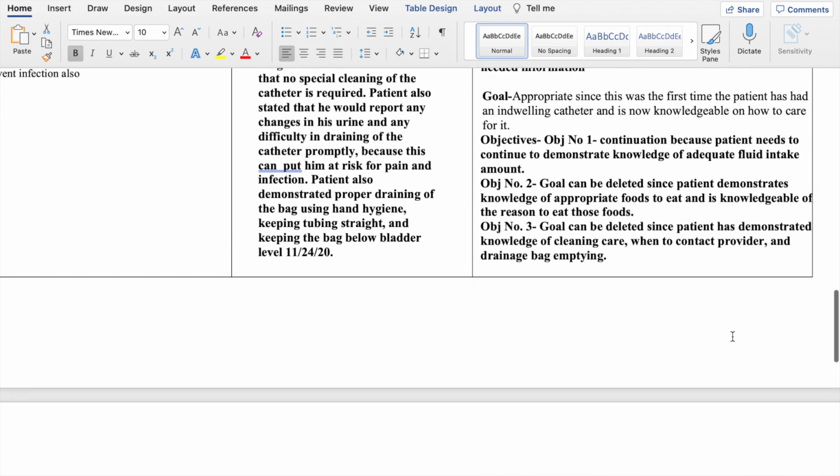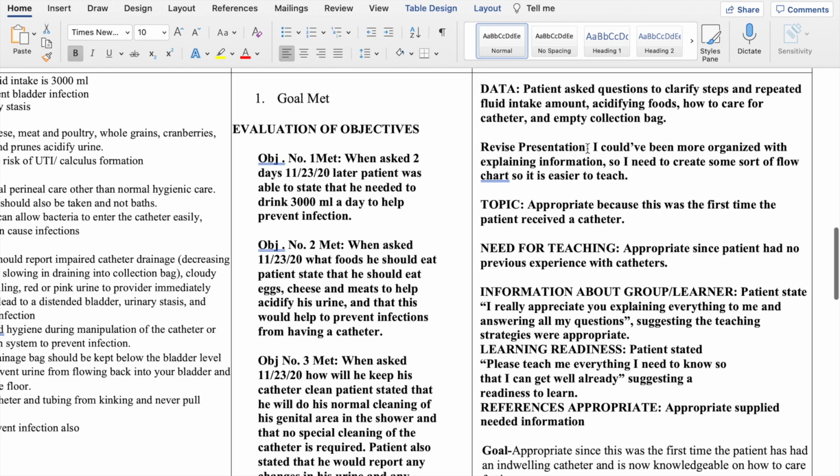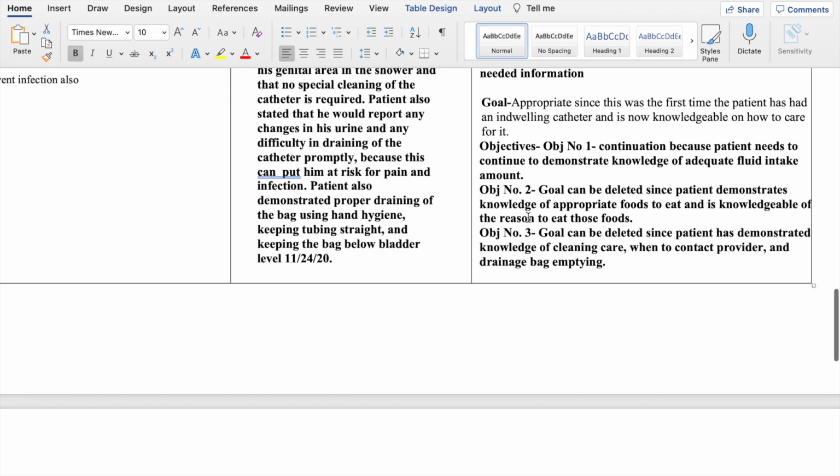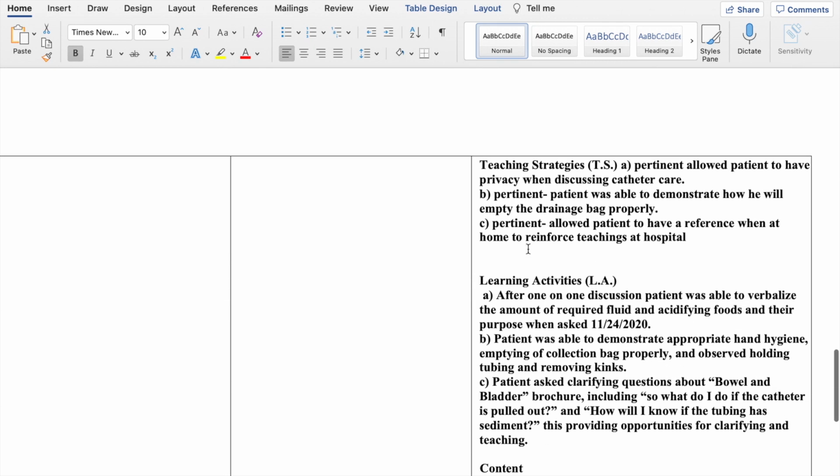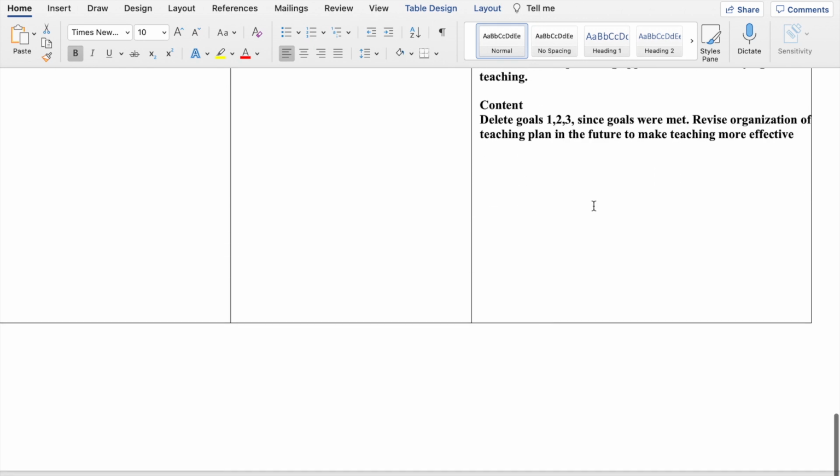So this was the revised presentation. So you would include what you put for the revised presentation and just an overall decision on your goals on whether they should be kept or deleted or whatever you decided. And why in the future to make teaching more effective.